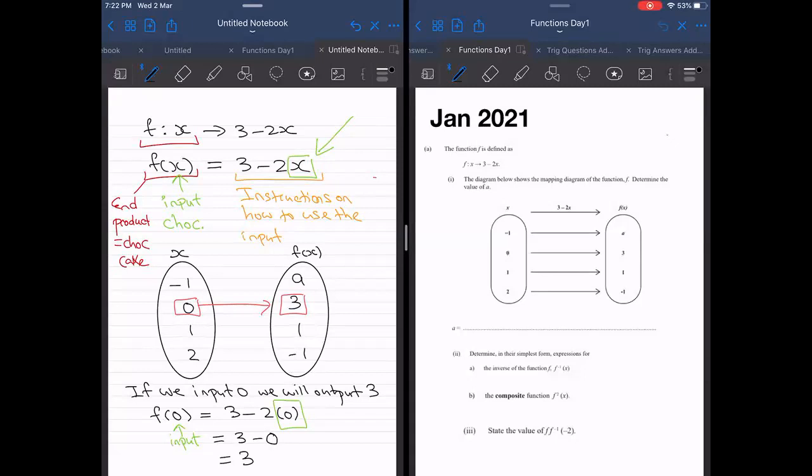So when the first part of the question says to find A, what they're really asking you is that if you input -1, what is the output?